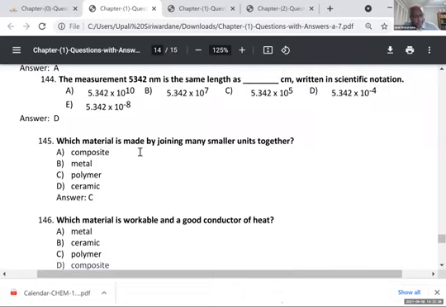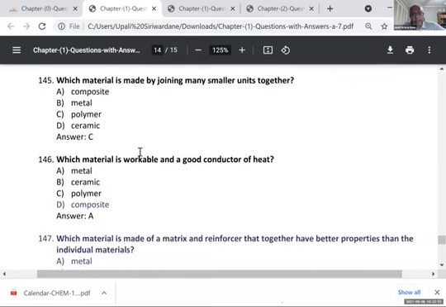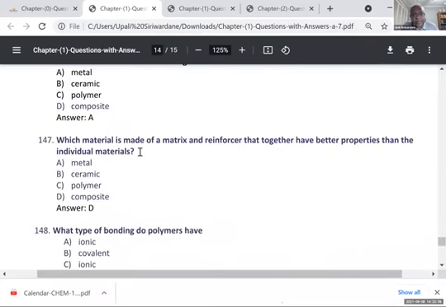Which material is made up of many smaller units together? Polymers. Polymers are made out of many units called monomers. Monomers get polymerized. Number 147, which of the material is reinforced? It's a composite material, like tennis rackets.